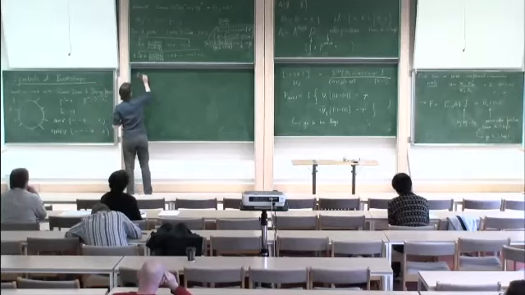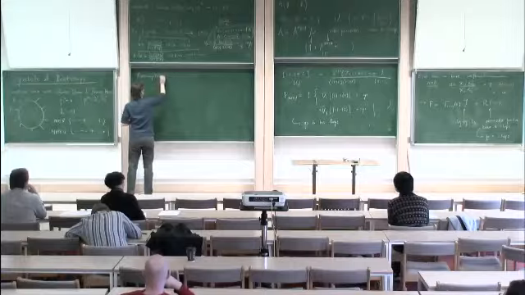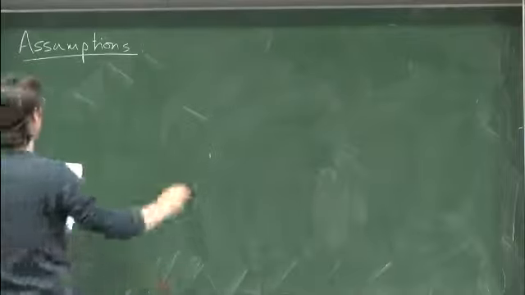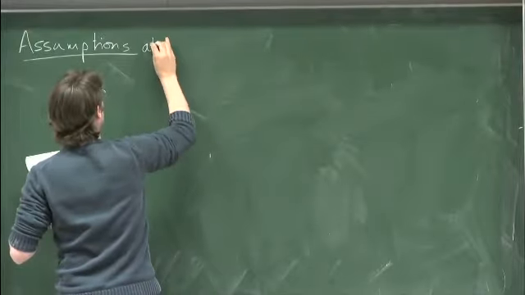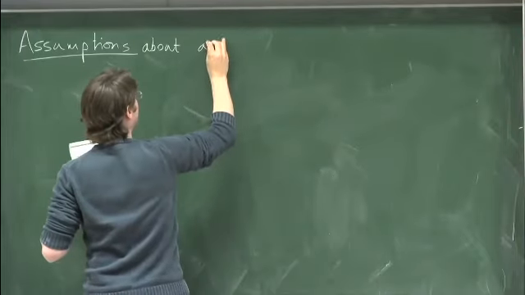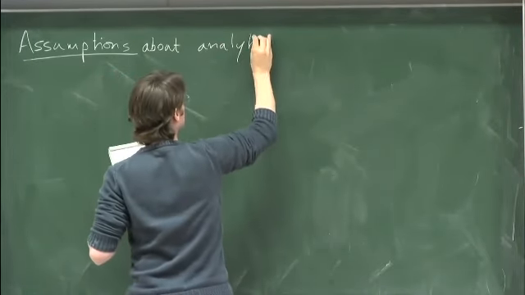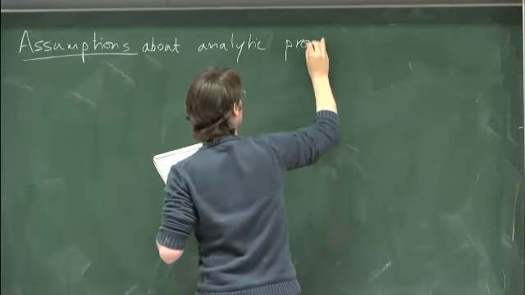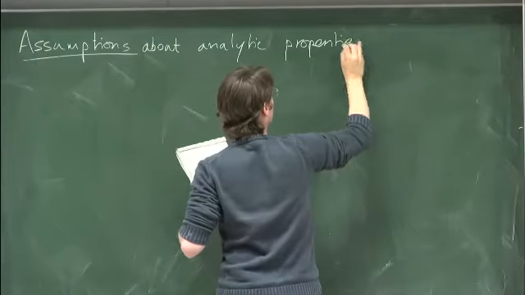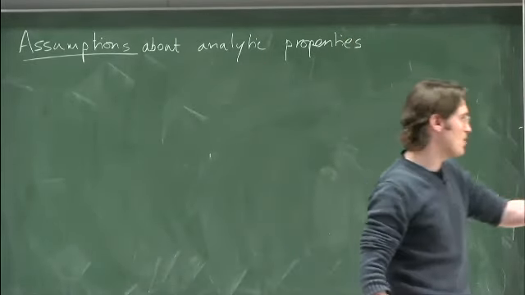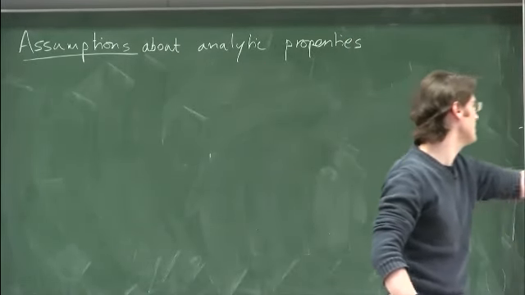So we're going to adopt this observed behavior as one of our assumptions. So it's an assumption about the analytic properties of the relevant functions in the game, the function r and these functions v and v tilde.